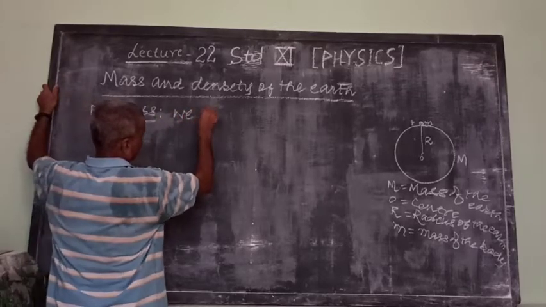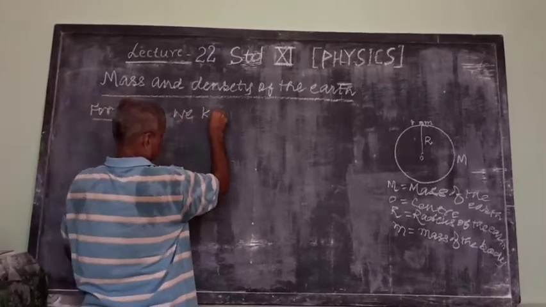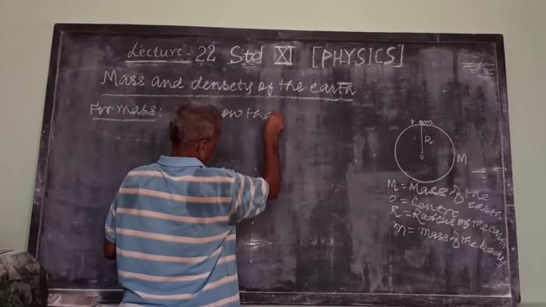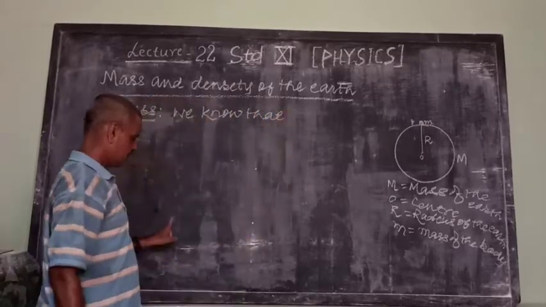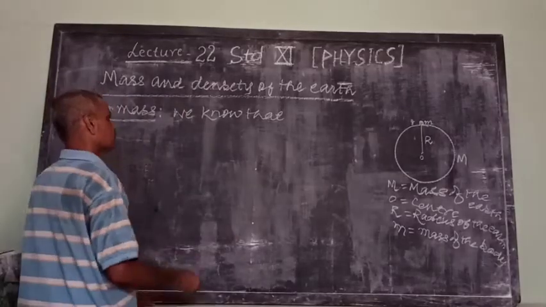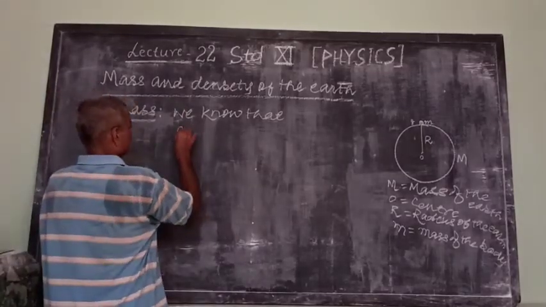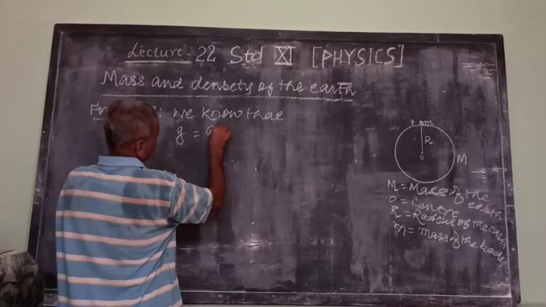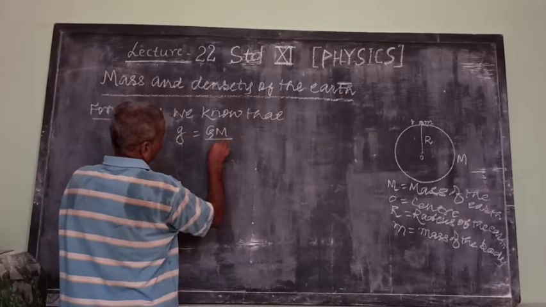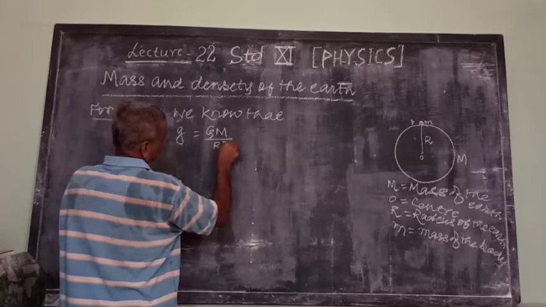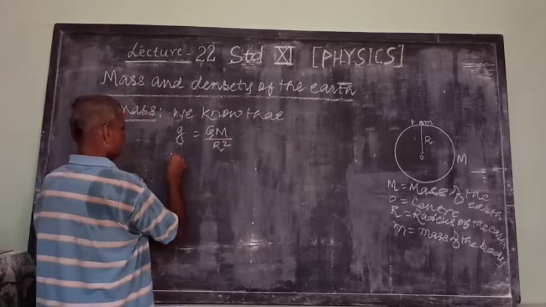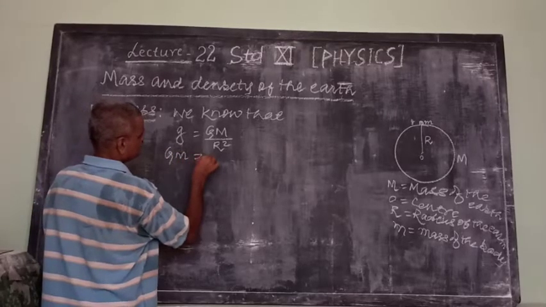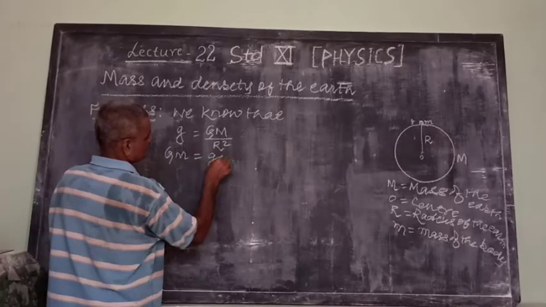We know that, just as we have seen, there was a formula g is equal to GM by R square. So we can write GM is equal to gR square.